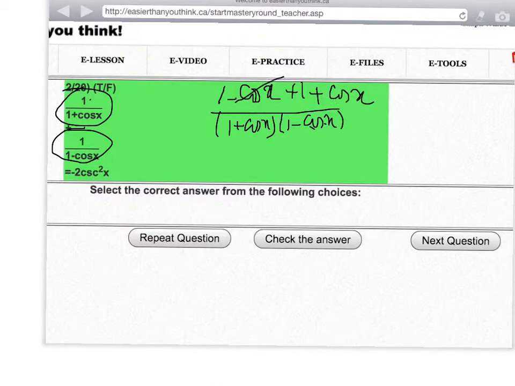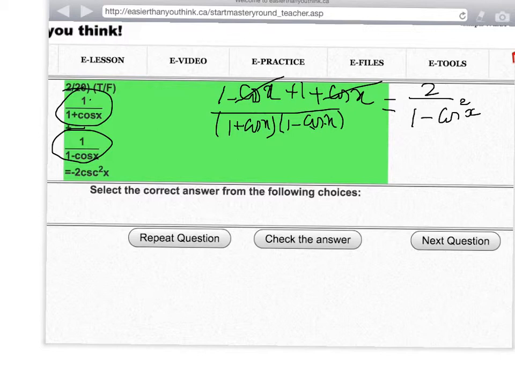Minus cos x and cos x gives me 0. Then I get 2 in the numerator. Now, the denominator is 1 plus cos x times 1 minus cos x. Again, a minus b times a plus b is a squared minus b squared. So I'm going to get 1 squared, which is 1, minus cos squared x.